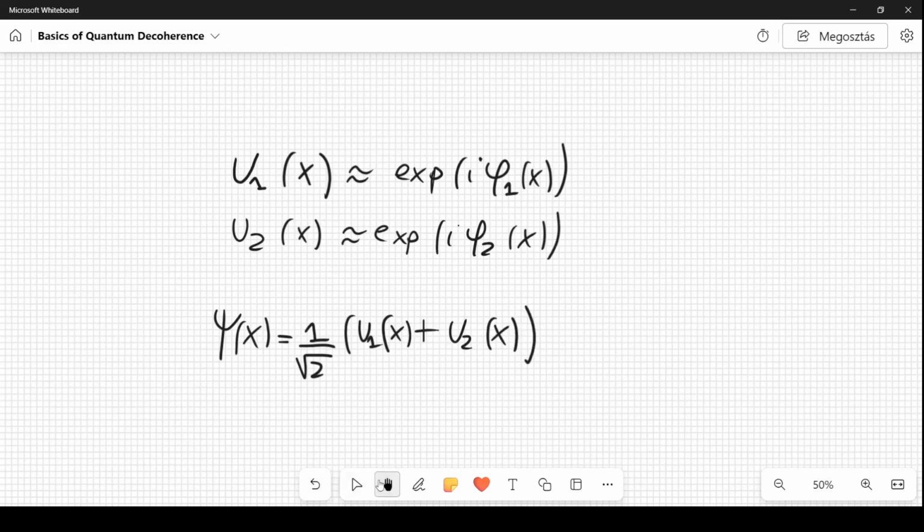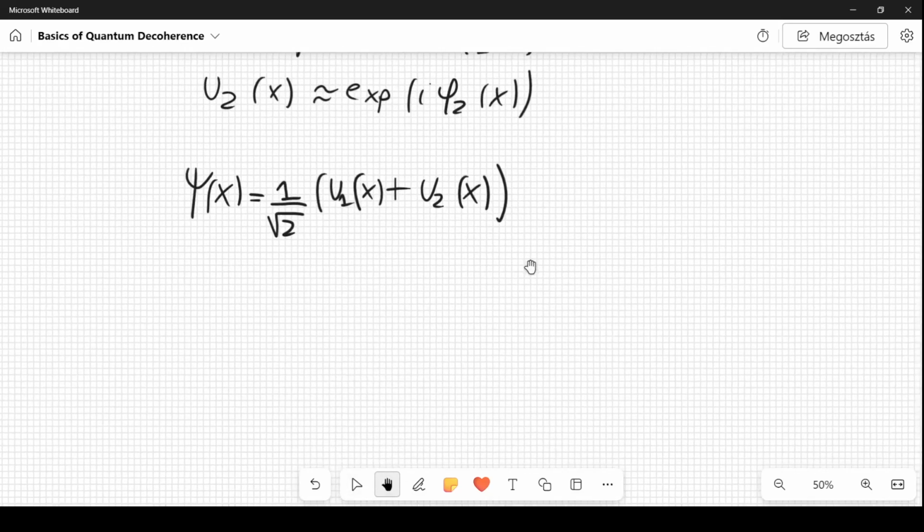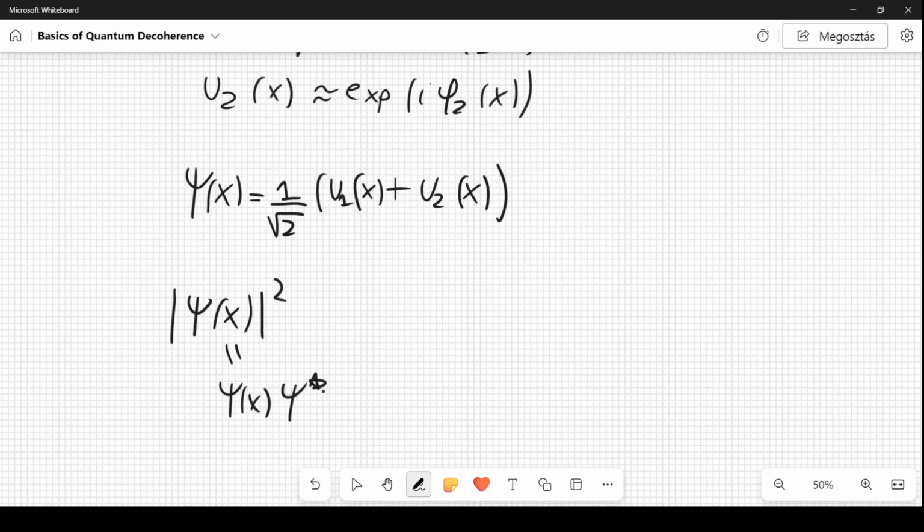Now, when we want to see if there is an interference pattern, we have to take the modulus squared of the wave function. So this would be like writing psi of x times the complex conjugate of psi of x. And if we do this, we have 1 over 2, and then we take the modulus squared of u1, and we said earlier that we can take that to be equal to 1 because it's the modulus squared of this exponential, so that's equal to 1.